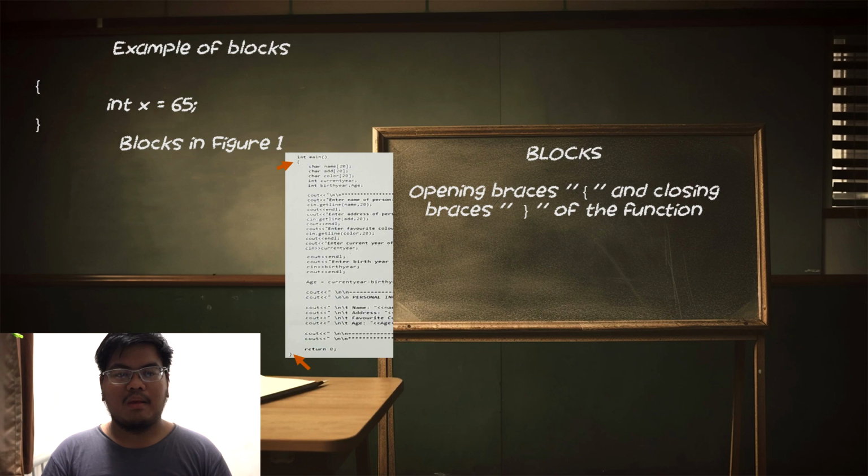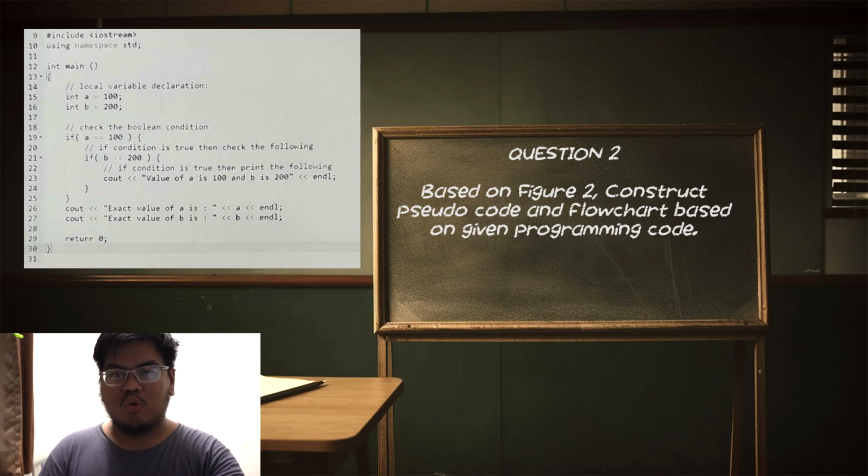An example of a block is here to the left, which starts with an open curly bracket, then the code x equal to 65 semicolon, then ends with a close curly bracket. So the block in figure 1 is from the top here as the arrow indicates, and to the bottom which also the arrow indicates. Now let's move on to question 2.